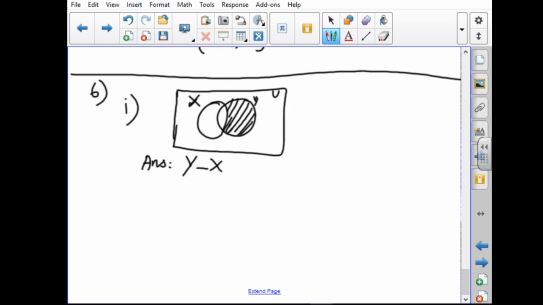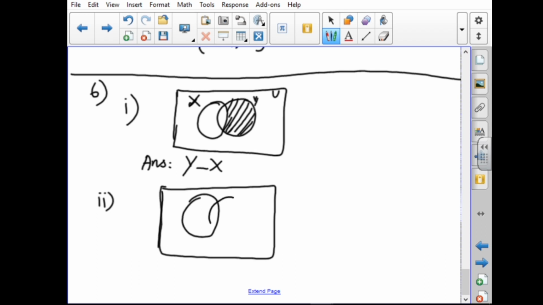Then second one, the A union B part is not shaded. The two circles, that is X union Y. So X union Y part is not shaded. We should find the shaded part region only. So this is the unshaded part, and this is the remaining part.